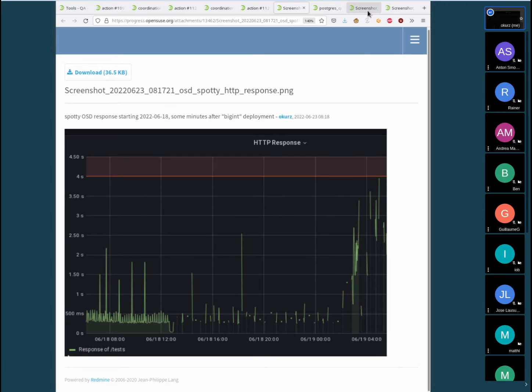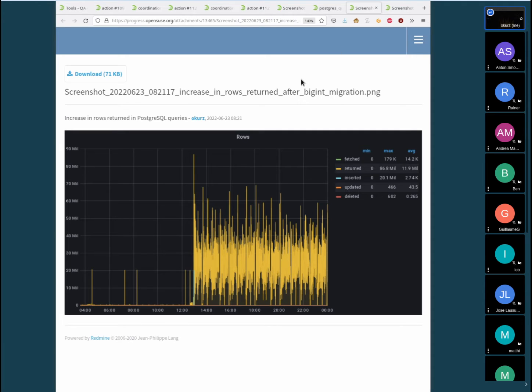And then what we found, which also looked suspicious, is this graph of the database rows that we try to retrieve within the openqa internal database. Certainly it looks suspicious: during the time when everything was working perfectly normally, you see a near flat line.